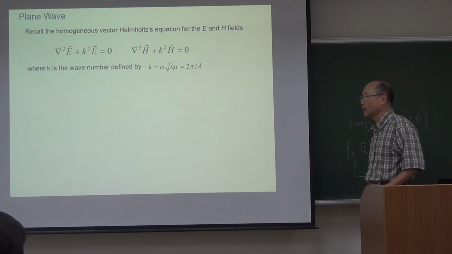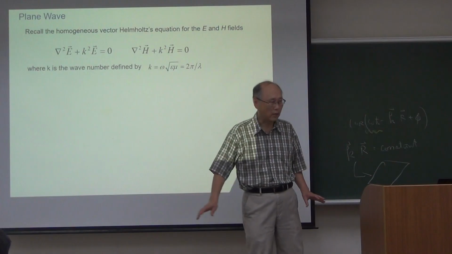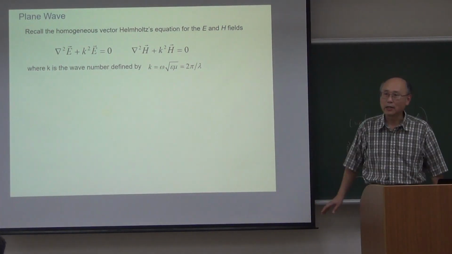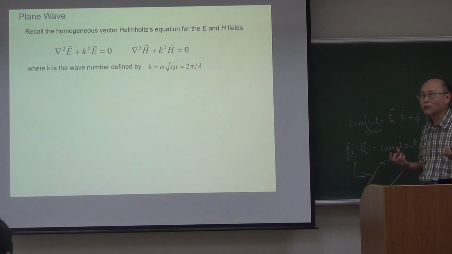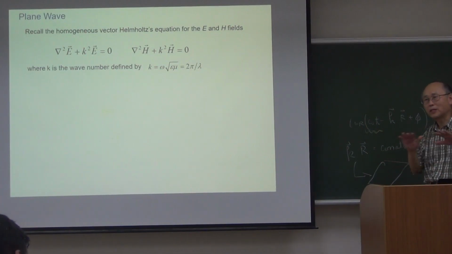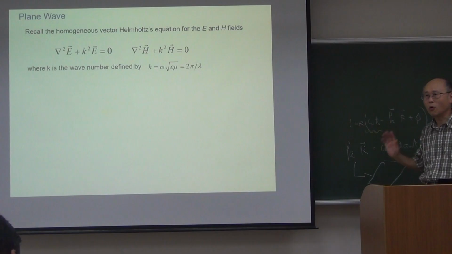Okay, and when you do Fourier analysis, you understand that if you have sinusoidal functions, you can use the sinusoidal functions as a basis to synthesize all kinds of signals.